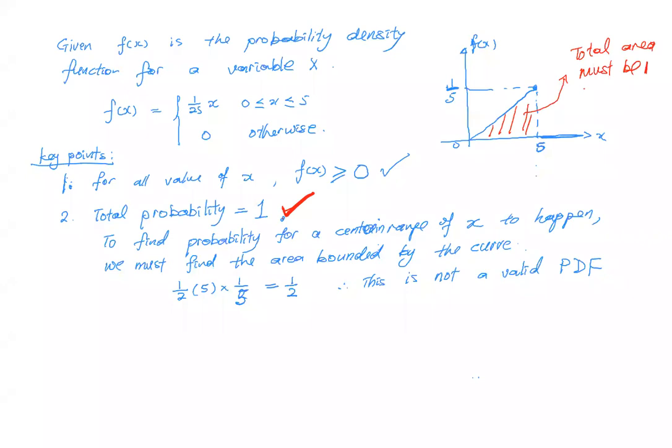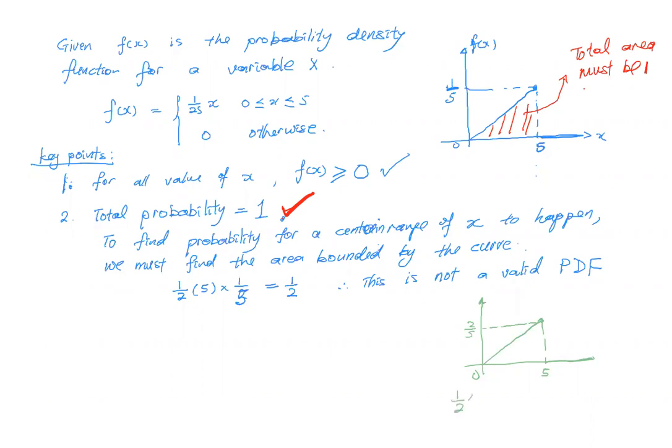Then it's called a probability density function. So this one, is it a valid one? No. But if I change it to here, if I put it like that, this is 5, and I put here 2/5. And the rest are 0. Then is it valid? So for this one, it will be valid.